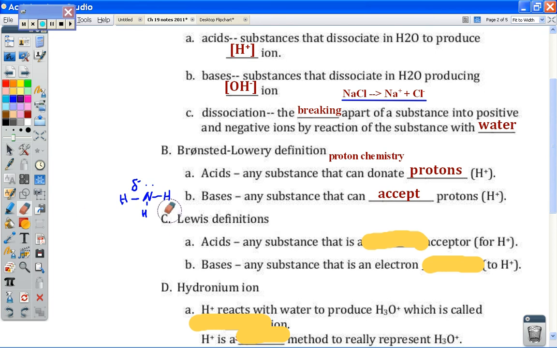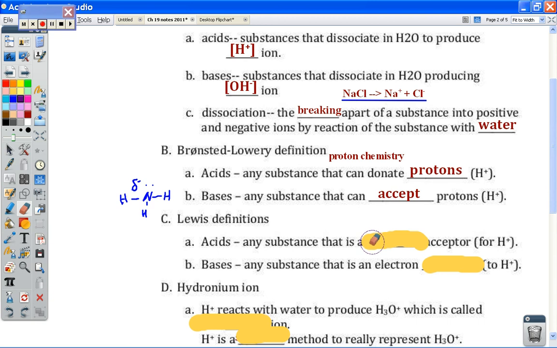Okay, and this is ammonia, NH3, one of our more familiar bases, and we use it as a cleaning solution, because bases are caustic and they get rid of organic tissue, and that's usually what we have sitting on our counters that we want to clean.